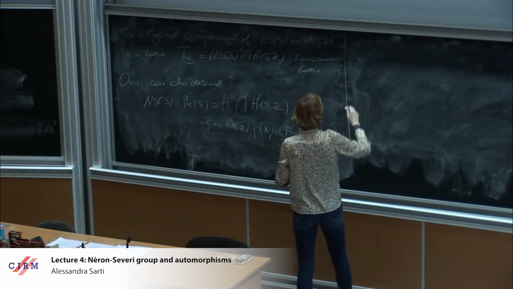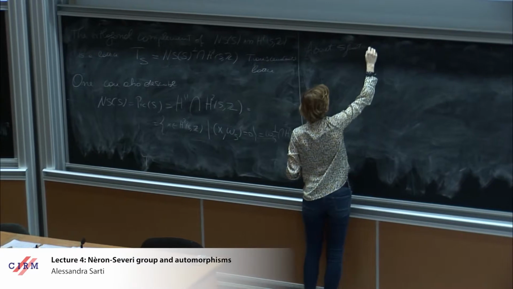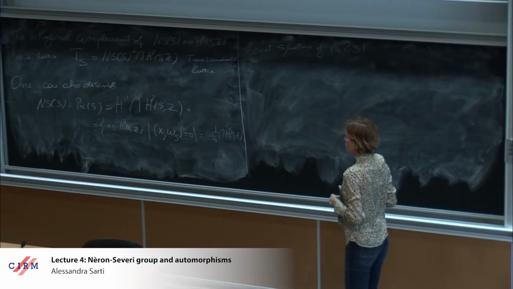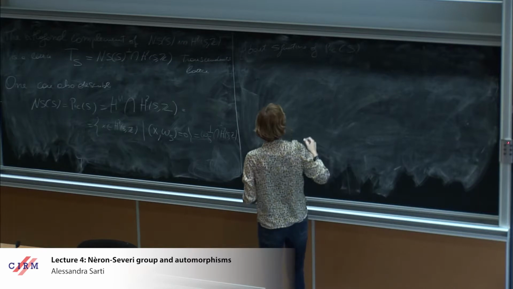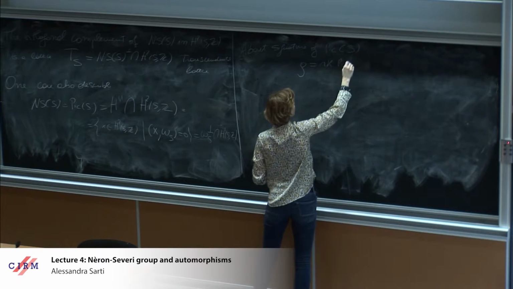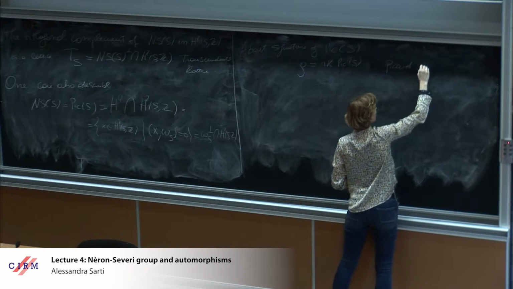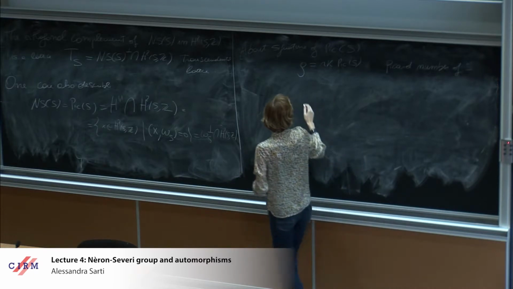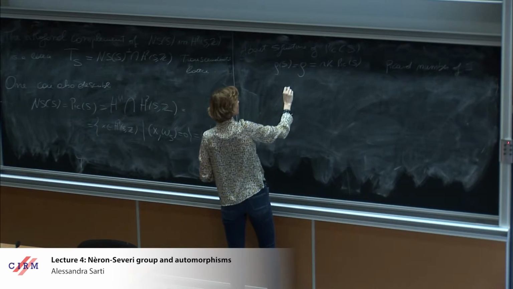And about the signature of Pic(S), let's just think about the following fact that maybe helps you to see things. Well, first of all, we know that rho, which is the Picard number, is the rank of Pic(S), or Néron-Severi, which is called the Picard number of S.